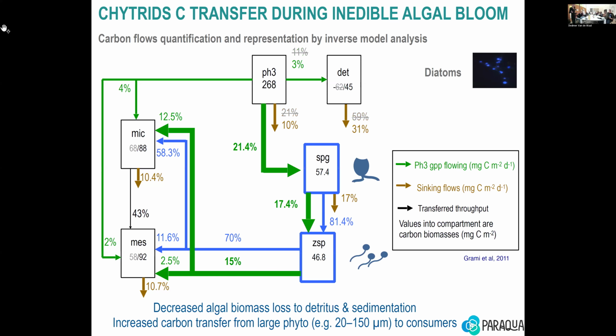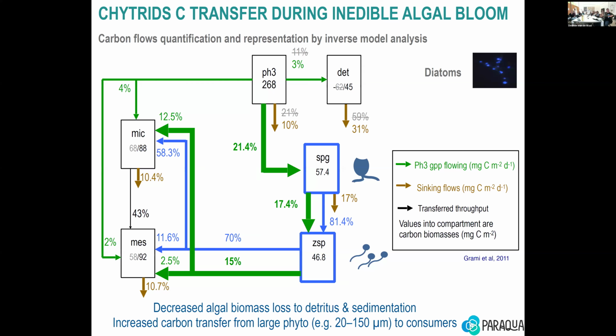So we had the flow that we knew was calculated from the parasitic infection. What we estimated was the flow conveyed from the large phytoplankton to the sporangia, then from the sporangia to the zoospores, and then to the consumers.